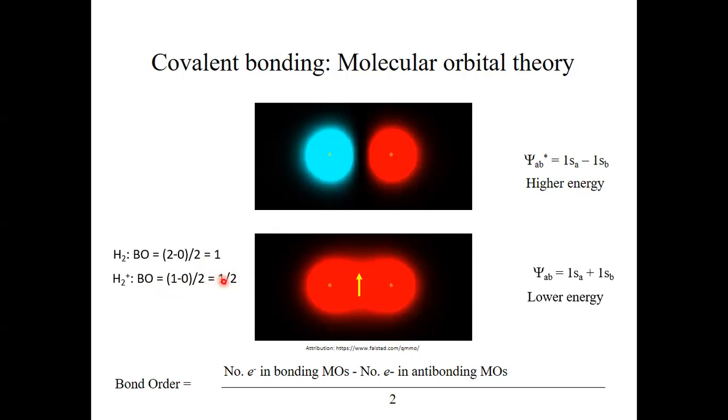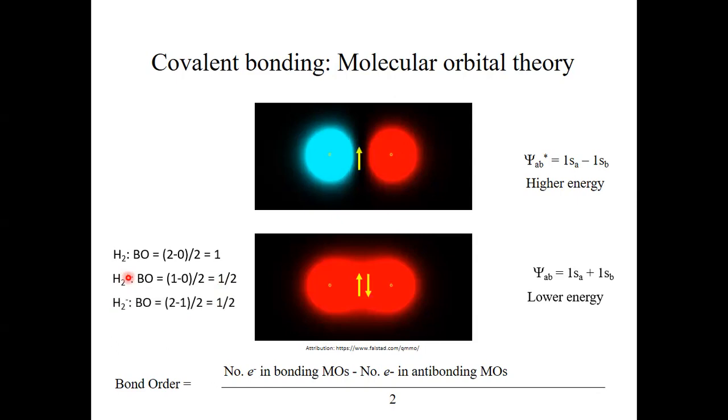Then the bond order would be smaller in comparison to the H2, but it is still larger than 0. So we would conclude from this that the bond in the H2+ ion would be weaker, but there would still be bonding forces there, and we would expect that we would be able to observe such an H2+ ion experimentally, and indeed such H2+ ions have been observed experimentally.